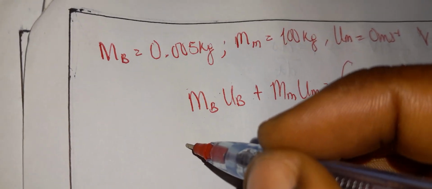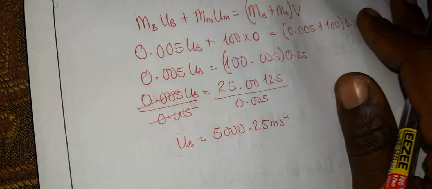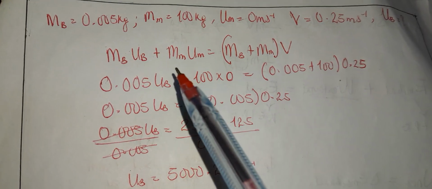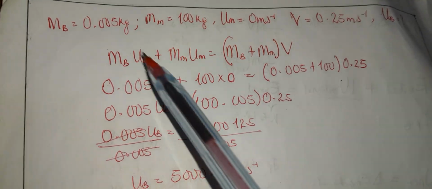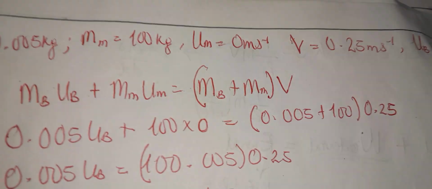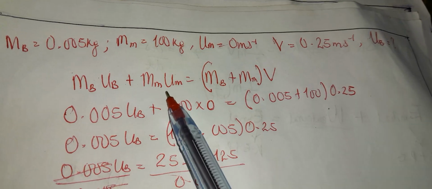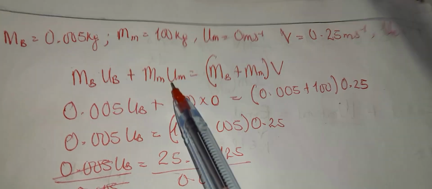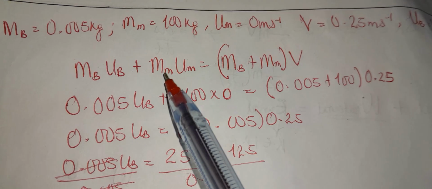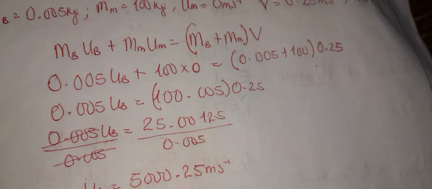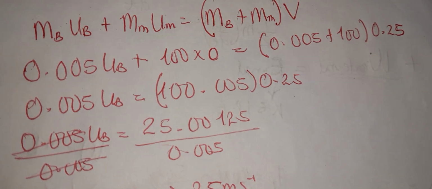So I'll substitute the value. All right, I don't want this to exceed 30 minutes, so I'll just quickly explain. I just substituted the values we spelled out here. The initial velocity for the metal is actually 0, because it was stated that it was at rest.